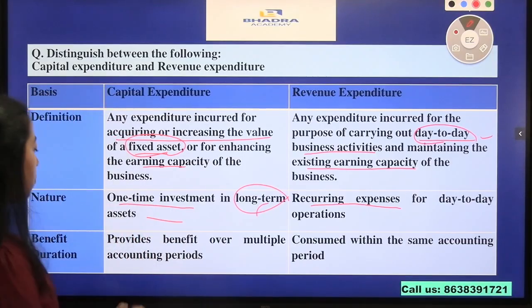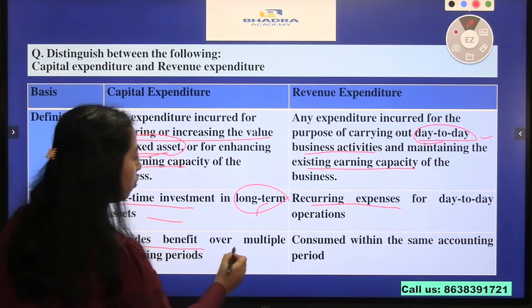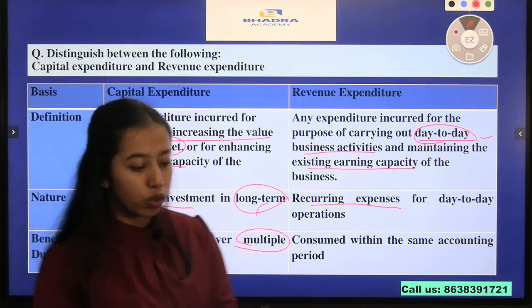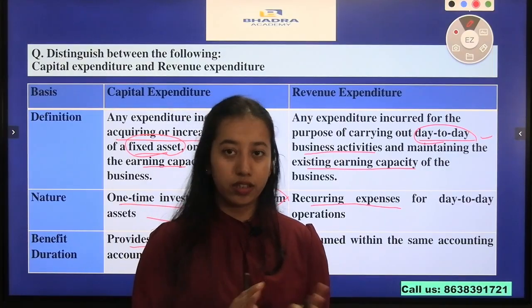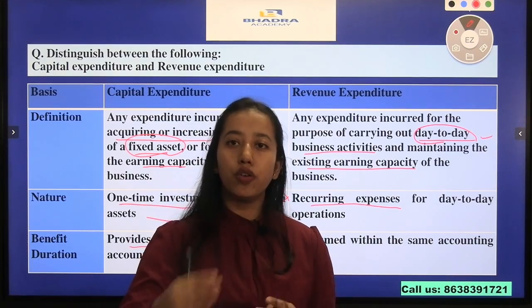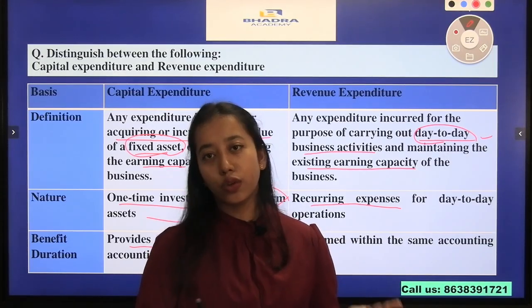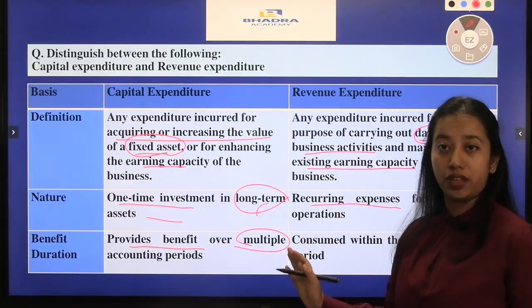That is why it provides benefits over multiple accounting periods. It is not that the machinery will produce goods only for one year, only one accounting period. It will keep on working till it gets exhausted or till it stops working. So it gives its benefits over multiple accounting periods.